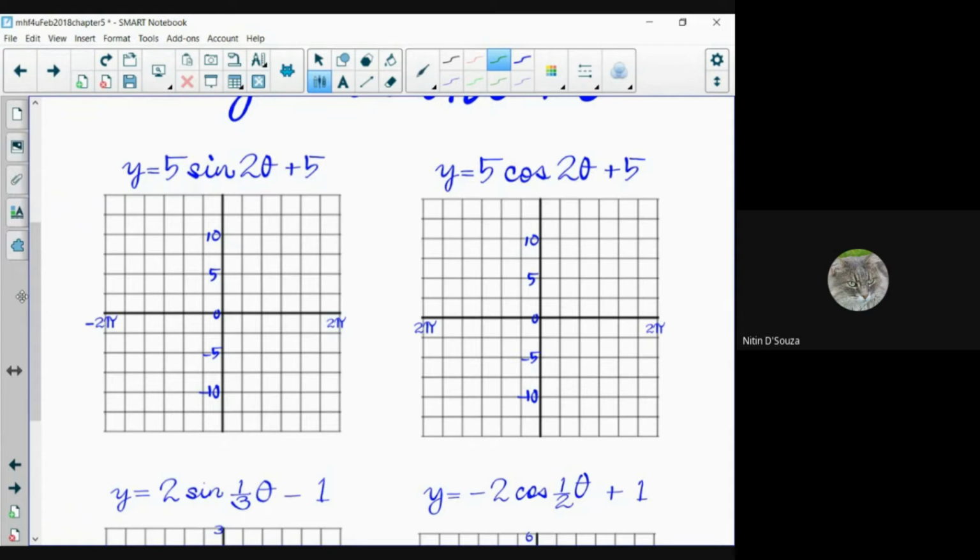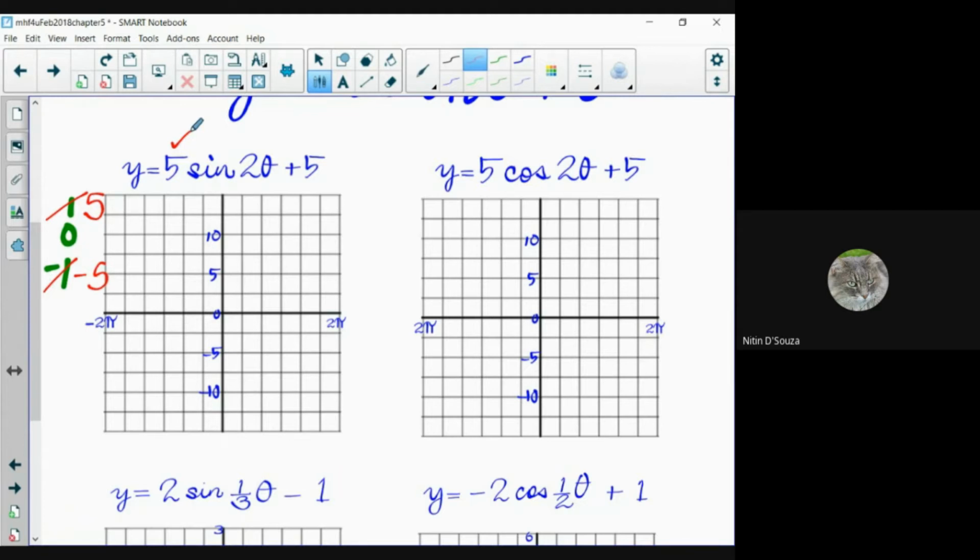Okay. If I had my regular sine theta, I would go from 1 to 0 to minus 1. But because of the 5, it's going to go from 5 to 0 to minus 5. Everyone okay with that part?